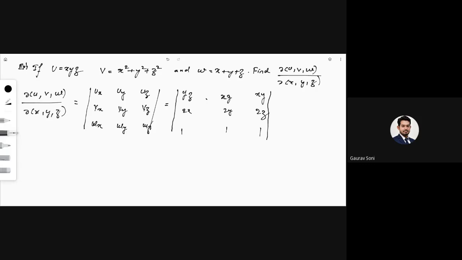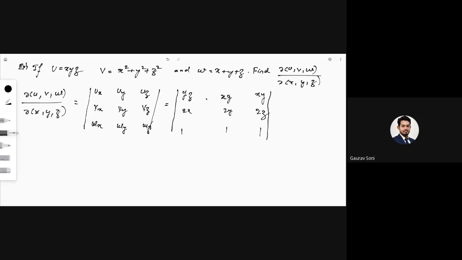In this case, I will try to use the properties of determinants. So yz is there, in the second one there is xz.